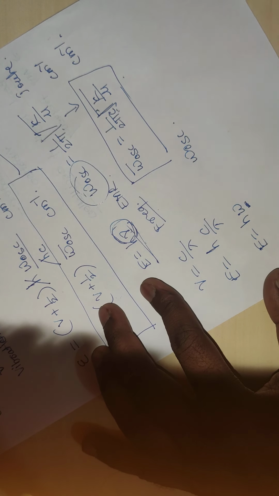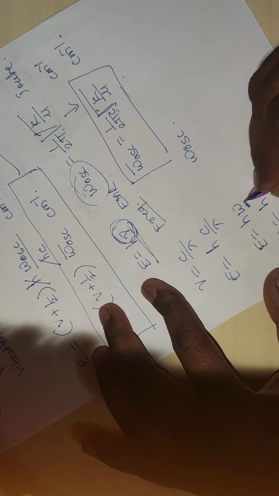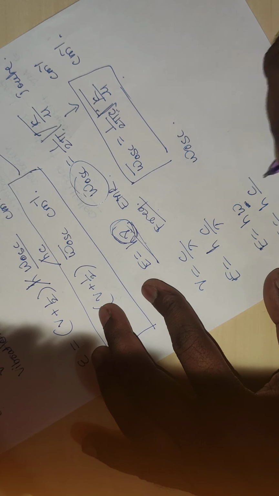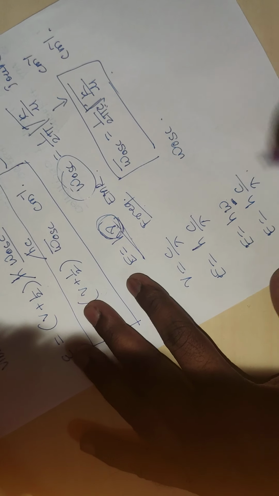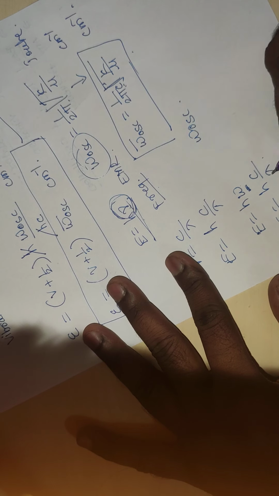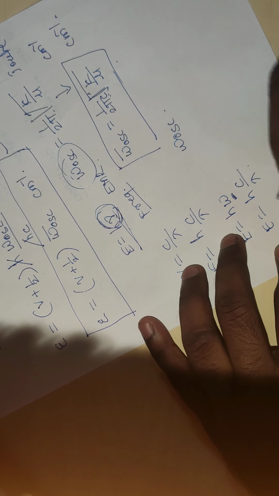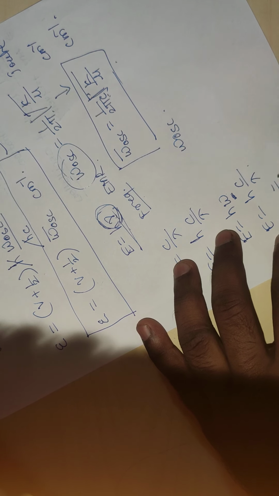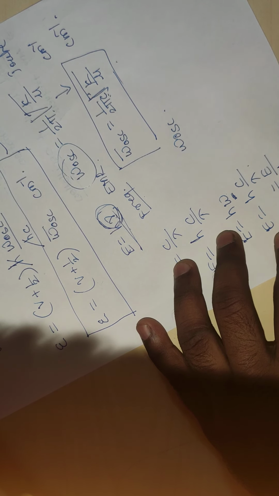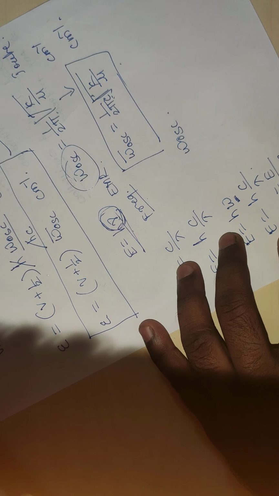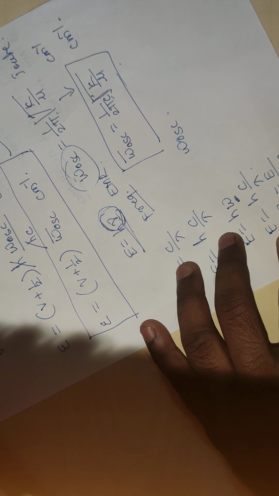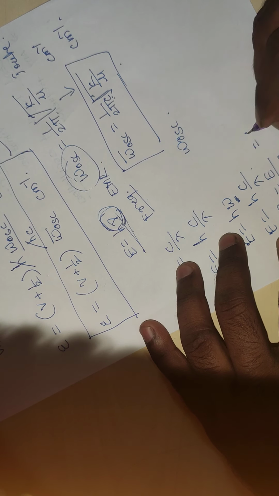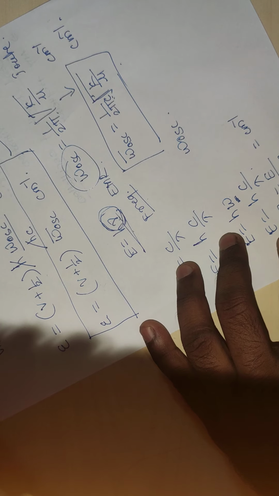Now, if we take the inverse, 1 upon lambda, then the equation will be rearranged as E divided by hc. If lambda is expressed in centimeters, this will be in centimeter inverse. Therefore, E divided by hc.